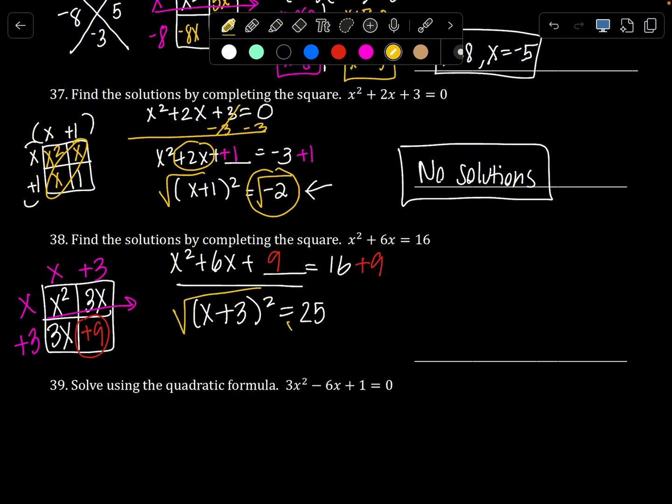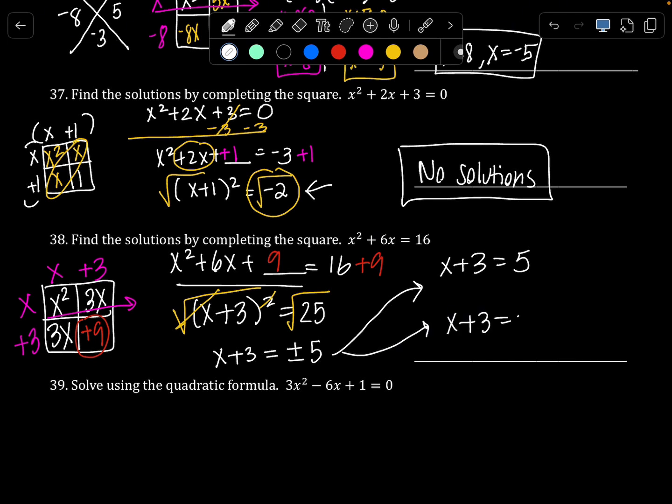Now we are able to take the square root of both sides, and we get x plus 3 equals plus or minus the square root of 25, which is 5, because 5 times 5 is 25. Now you get two answers: x plus 3 equals positive 5, and x plus 3 equals negative 5.